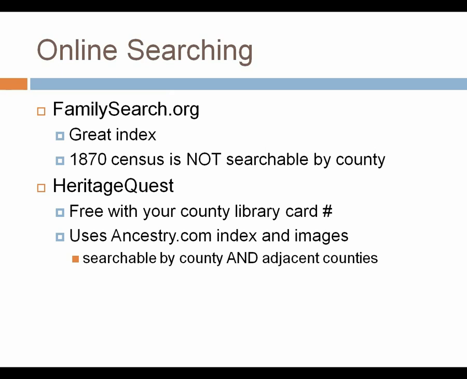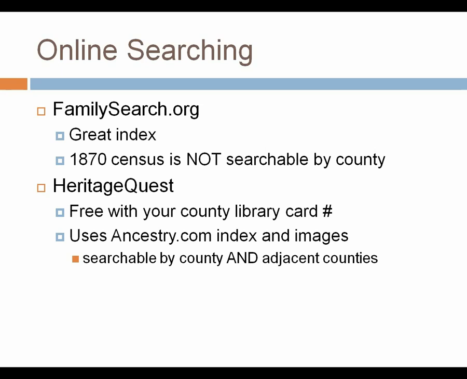Either way, it's very good to know that there are a couple of different sites that you can go to search for your relatives in the censuses, because what you'll find is that census enumerators were not necessarily hired for their handwriting skills.